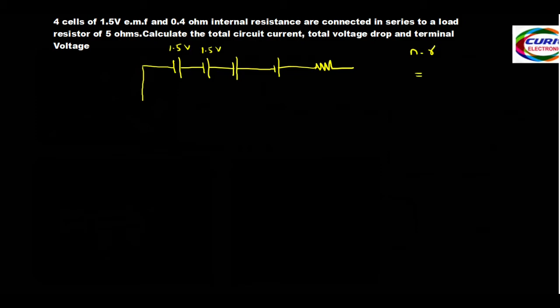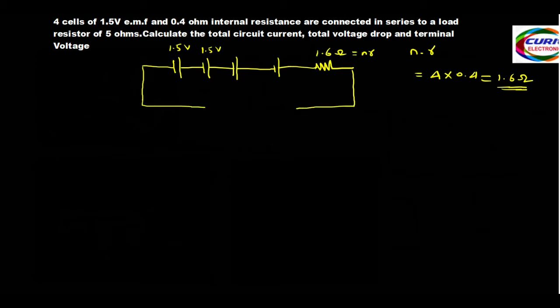We have 4 cells. So 4 multiplied by the value of R internal resistance, 0.4. This will give us 1.6 ohms. So I'll write this is the internal resistance, 1.6 ohms is the NR.